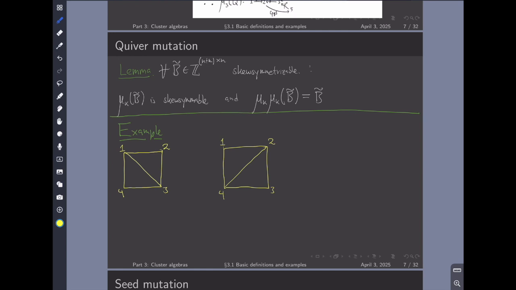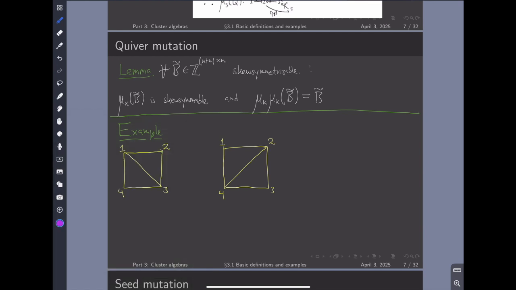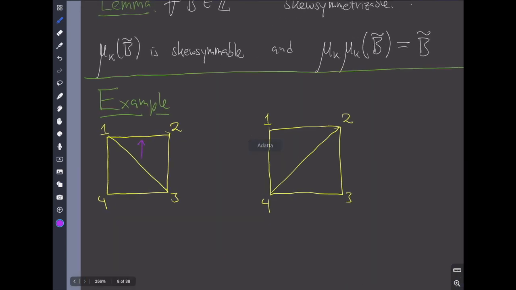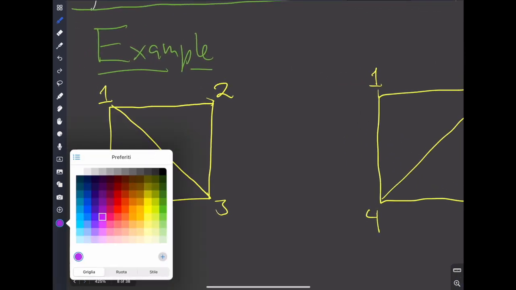Now for each triangulation I'm going to define a quiver by setting the vertex set to be the set of diagonals in the triangulation. So the diagonals are the vertices, and I draw an arrow. Is it visible? Maybe not. Let me choose another color.